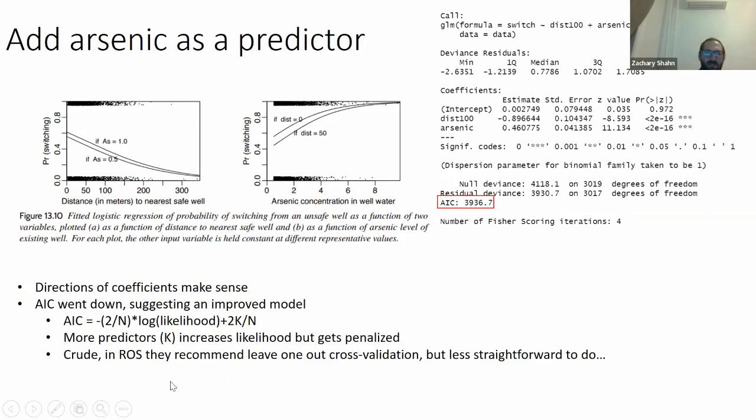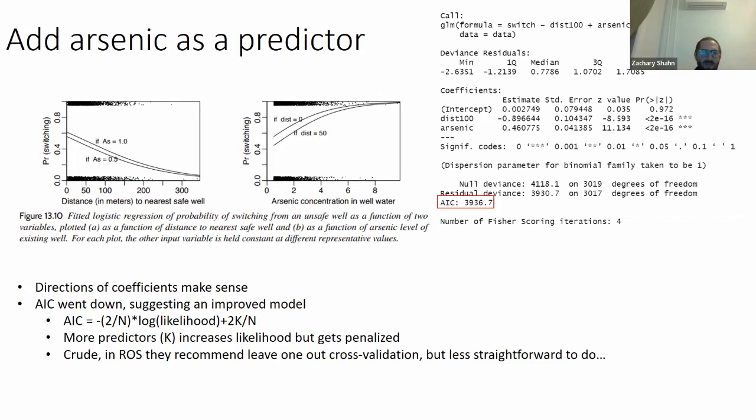Another option other than these information criteria is, in Regression and Other Stories, they recommend using leave one out cross-validation. So basically fit your model leaving out each observation and then use the model fit to all the observations that you didn't leave out to predict the observation that you did leave out and see how well, on average, you're able to predict the observations that you didn't include in your model.